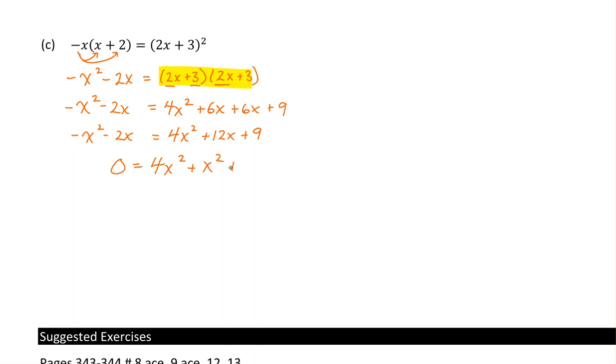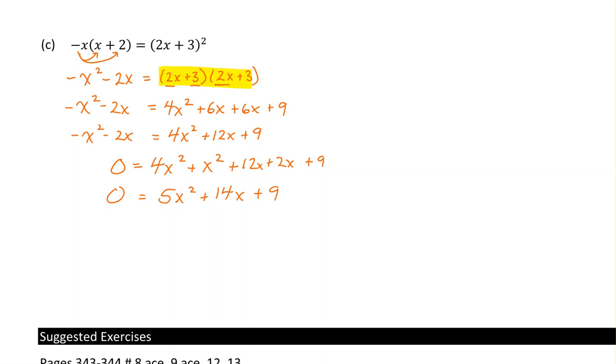I have plus 12x, that 2x is now going to be on this side and still plus 9. Our resulting equation is 4x squared. Or no, sorry, that's not right. 4x squared plus x squared is 5x squared. 12x plus 2x is 14x. And then we have plus 9.